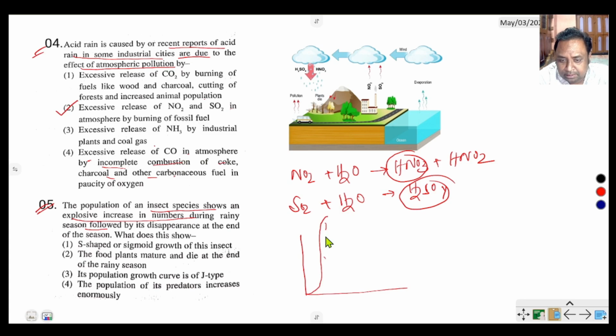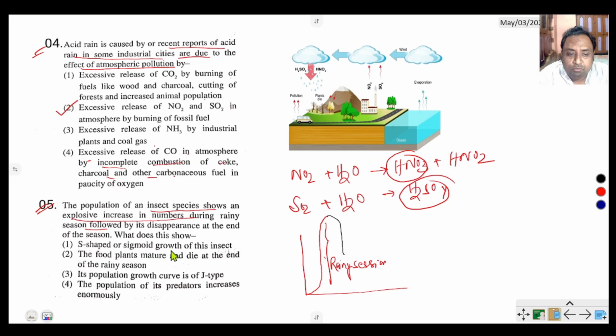Suppose this is the rainy season. The insect population increases exponentially, that is log phase exponentially. Then after the rainy season, the number of population decreases. That represents a J-shaped curve or exponential growth curve.